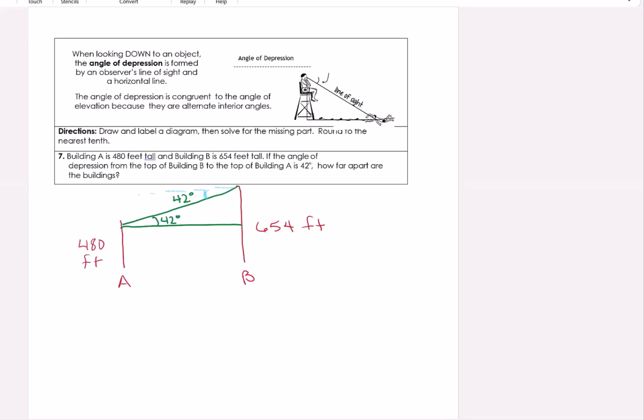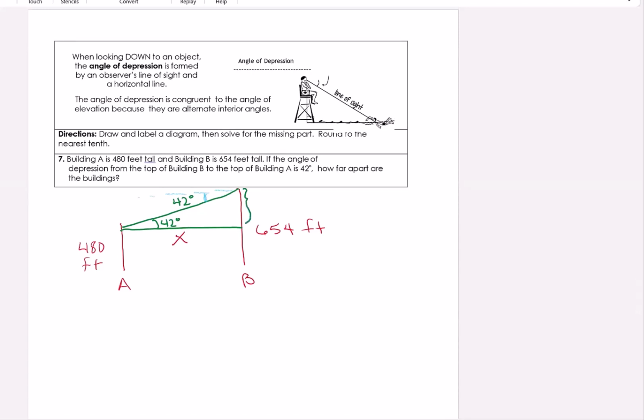How far apart are the buildings? What do I know? What do I need to know? I need to know how far apart the buildings are. Let's call this X. I don't know the length of the hypotenuse, but I can figure out this distance because there's my triangle.